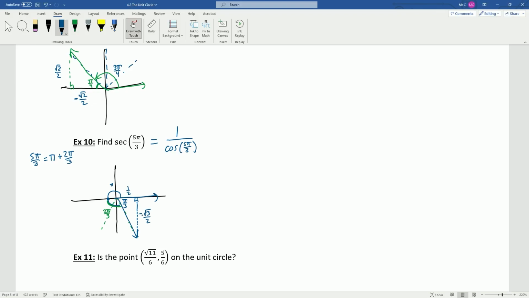But this y value needs to be negative because we're in the fourth quadrant. Okay, so I need cosine, and cosine is the 1/2 value. So secant of 5 pi over 3 is 1 over cosine of 5 pi over 3, which is 1 over 1/2. And 1 divided by 1/2 is 2.